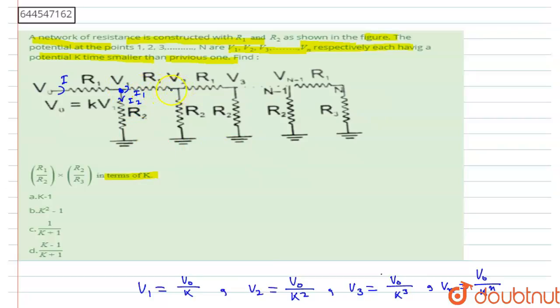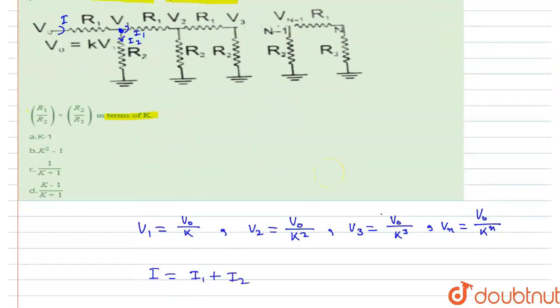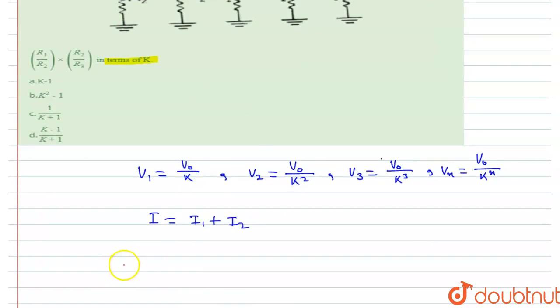From Ohm's law, I1 is equal to V2 minus V1 divided by R1.